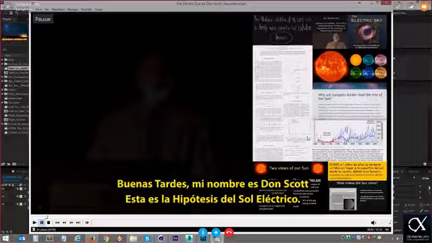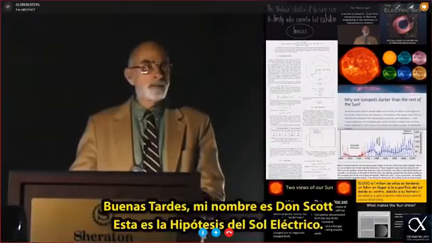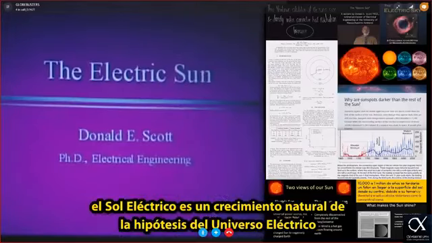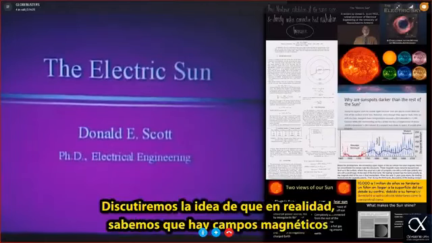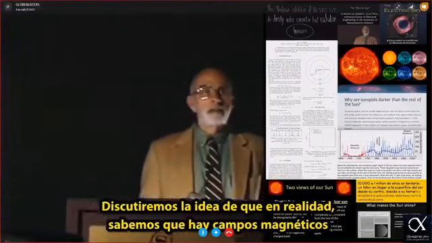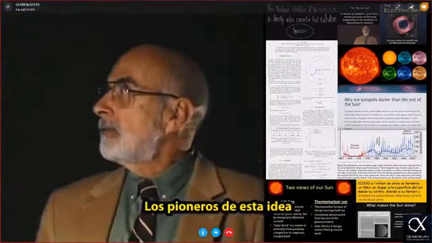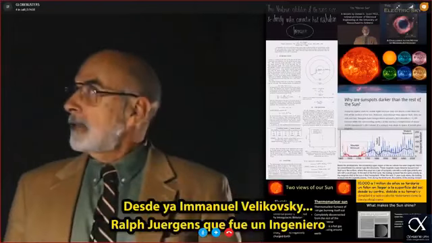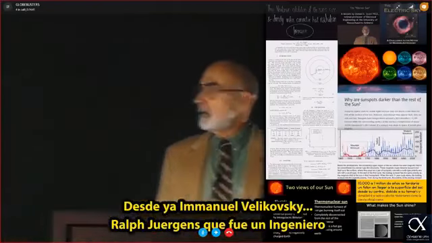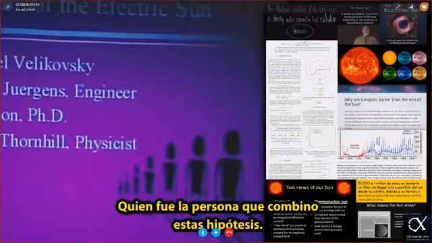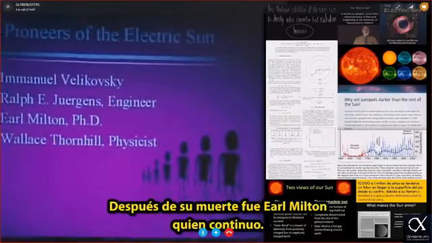Good afternoon. My name is Don Scott. The hypothesis of the so-called electric sun. The electric sun is a sort of natural outgrowth of the electrical universe hypothesis. We've already discussed the idea that we know there are magnetic fields. The pioneers of this idea, obviously Immanuel Velikovsky, and Ralph Juergens, who was an engineer, was the person who really put this hypothesis together.